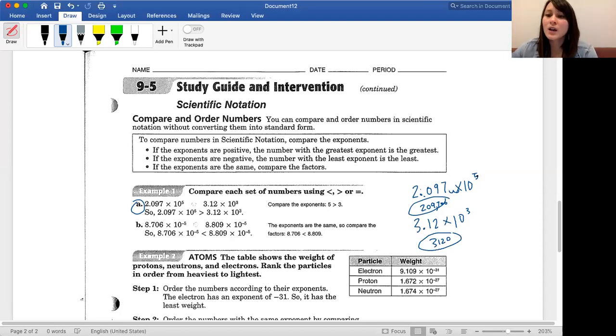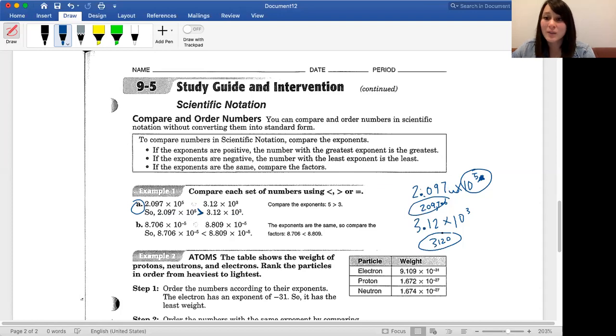And so you can look at this and say, I'm multiplying it by 10 to the 5th power, which is a bigger number, so even though it's 2 point something, which is smaller, I think I still am going to get a bigger number, okay? And so you can look at the power and say, well, because my decimal is in the same position for both of these numbers, if I'm moving this 5 times over, this number is going to be bigger. So 2.097 times 10 to the 5th power is greater than 3.12 times 10 to the 3rd.